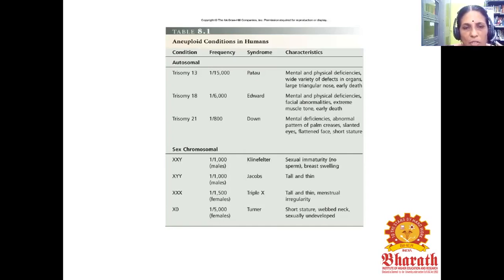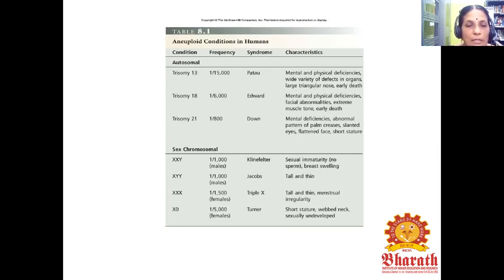If the aneuploidy condition is in the sex chromosomes, XXY is seen in males with a frequency of 1 in 1000, producing Klinefelter syndrome, with characteristics of sexual immaturity, no sperm, and breast swelling. XYY occurs in males at 1 in 1000, producing Jacob syndrome, with tall and thin stature. The condition XXX is seen in females at 1 in 1500, producing triplo-X syndrome, tall and thin with menstrual irregularity.